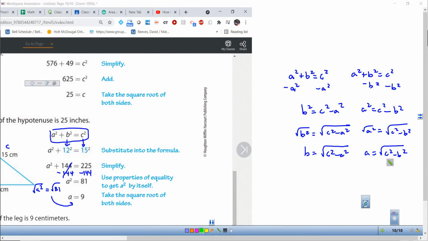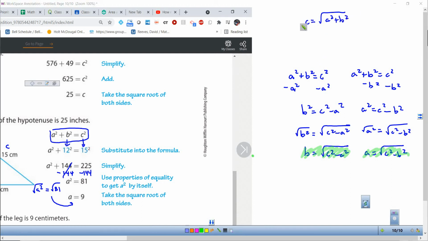So you can see that we actually get 3 different formulas from the Pythagorean theorem: one that tells us how to find A, one that tells us how to find B, and one that tells us how to find C. Remember, the one we had originally was that C was equal to the square root of A squared plus B squared.